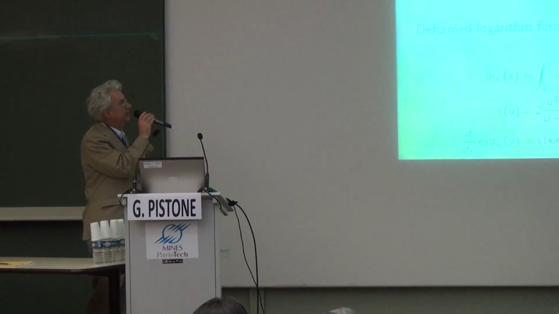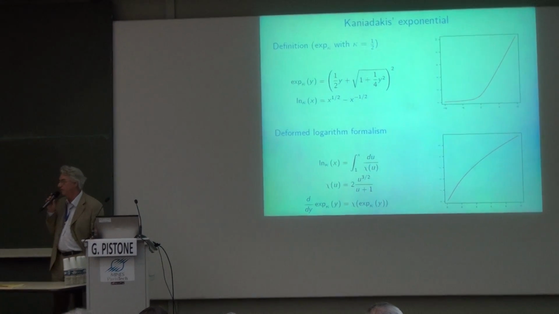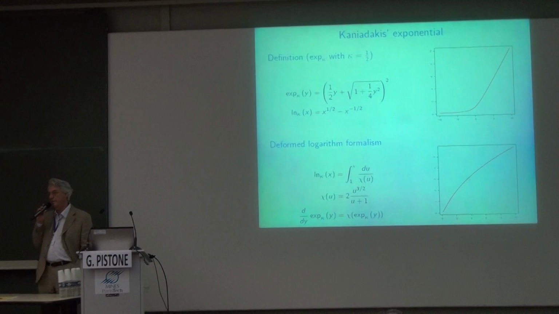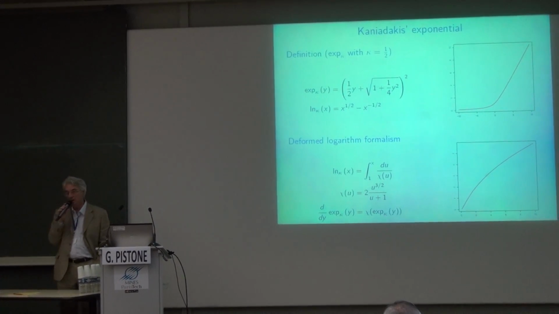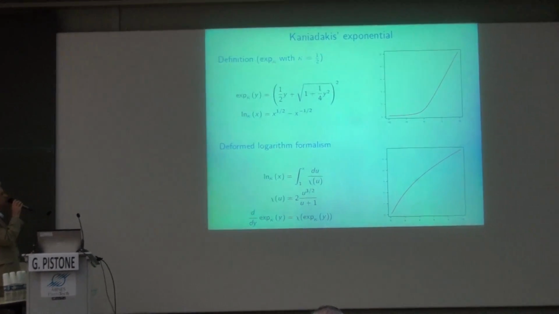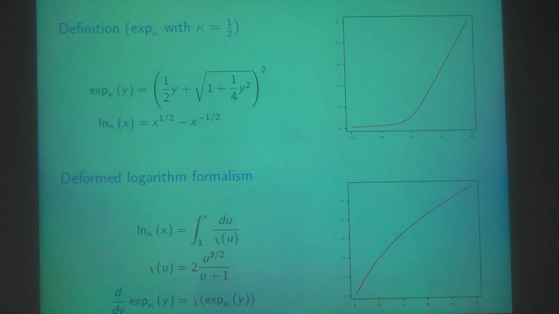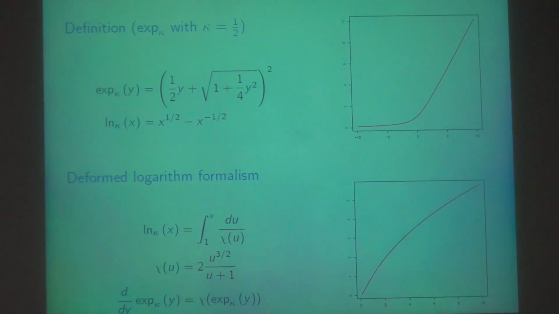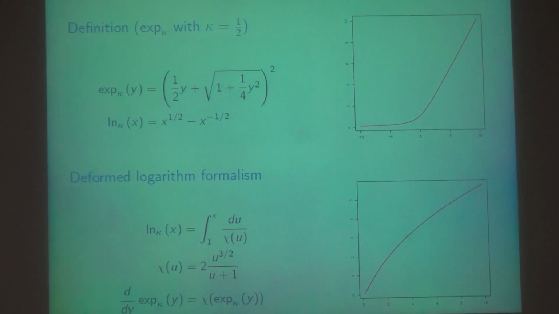So it has been suggested to move from the exponential family to the deformed exponential family. There are many possibilities. Here I have an example which is a special case of a deformed exponential in a family called the Kaniadakis exponential. So you see it is a function of shape similar to the exponential but with quadratic growth.